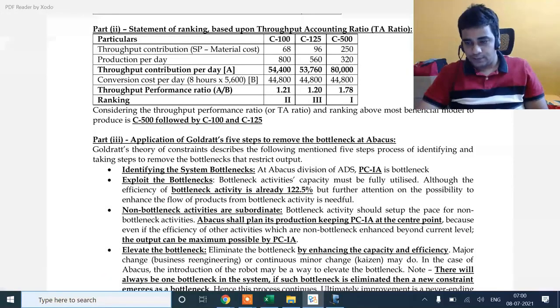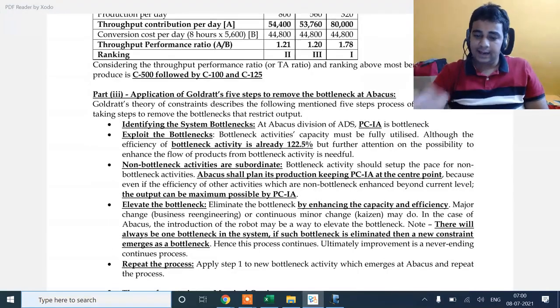Identify the bottleneck, which we have identified. Exploit the bottleneck, we are at 122.5%. Non-bottleneck activities are subordinate. Don't try to enhance the efficiency of other activities, because it's not going to help. Elevate the bottleneck: either you enhance the capacity or improve the efficiency, do minor changes, do major changes, do something so that it becomes a non-bottleneck.